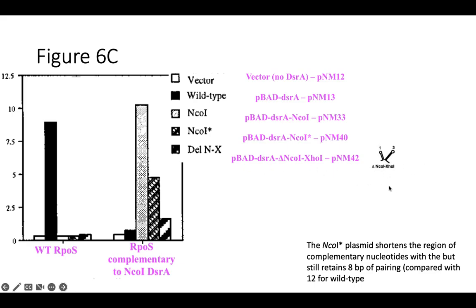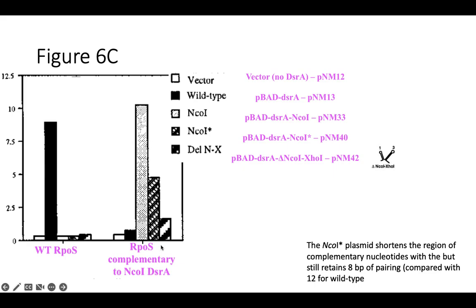I believe it was figure 3, but we've just once again deleted that region between the 2 restriction sites. So let's look at the results of that. When we use a wild type rpoS, complementary to the wild type, we get plenty of translation of rpoS.